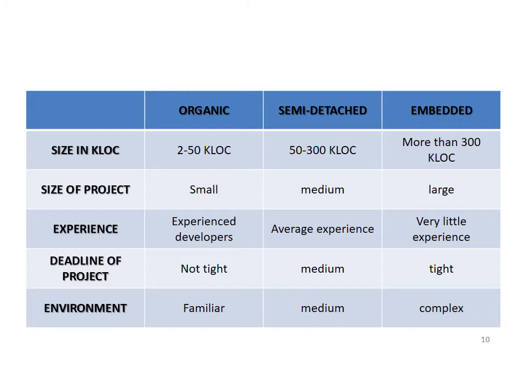If the size of the project is medium, then we should identify that project as a semi-detached project. So in cost estimation, the first step is to categorize our project as organic, semi-detached or embedded.